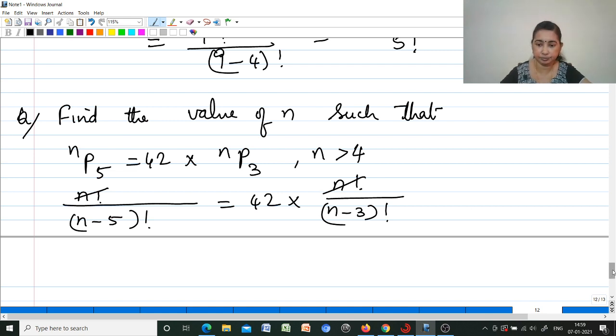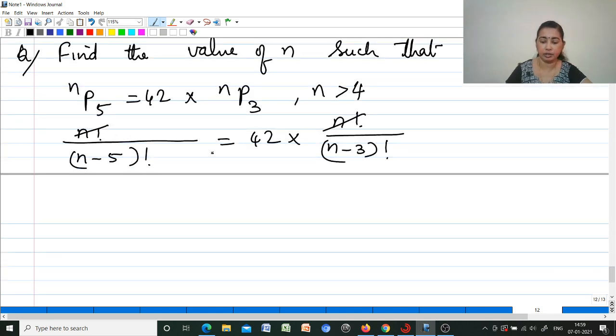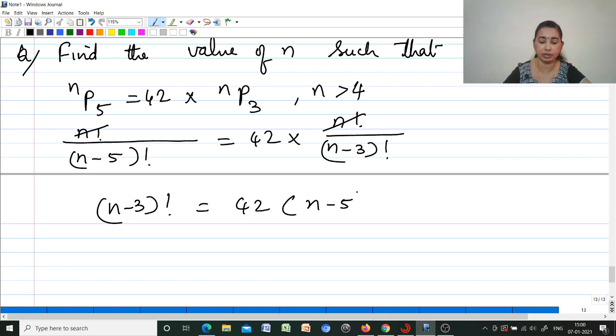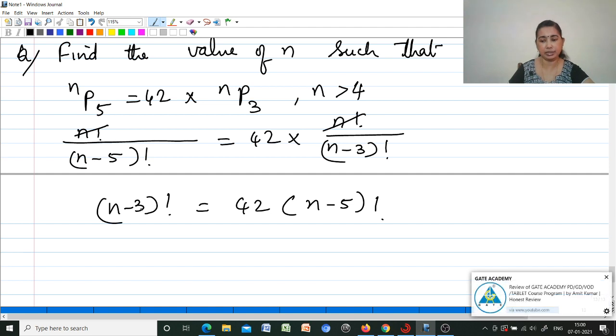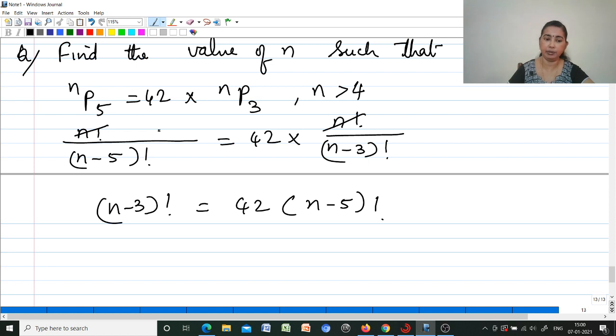Remaining, we can cross multiply this. So n minus 3 factorial is equal to 42 into n minus 5 factorial. Now, what is n minus 3 factorial? n minus 3 factorial is n minus 3 into n minus 4 into n minus 5 into n minus 6 into, going on like that.